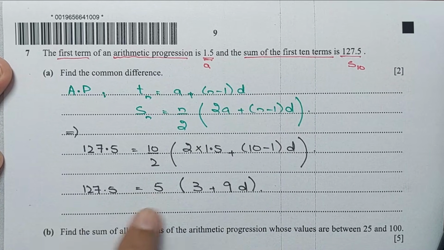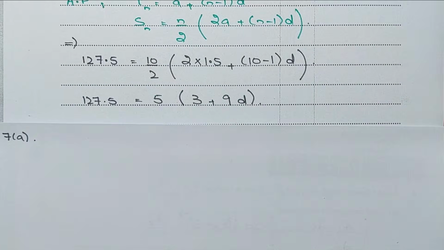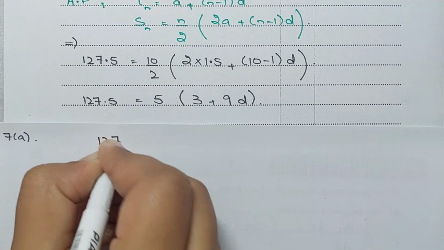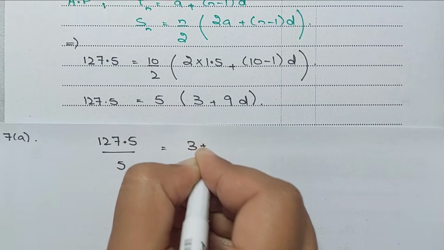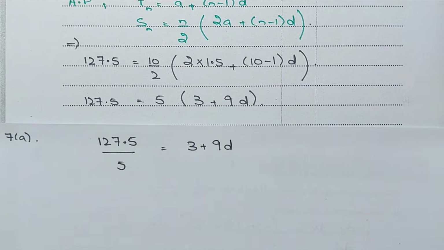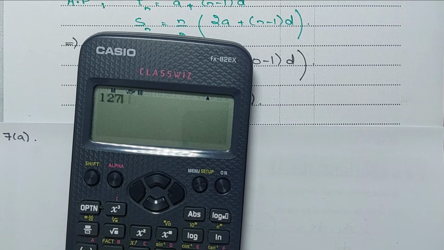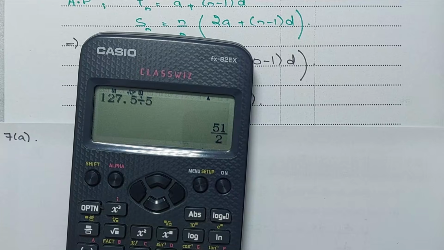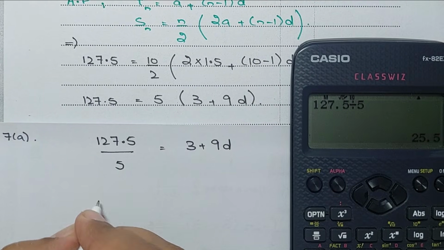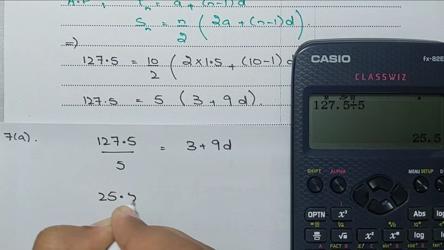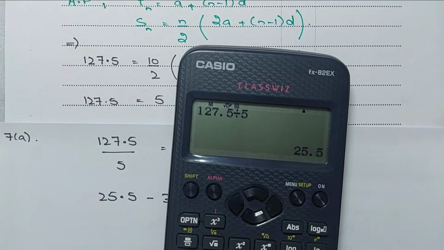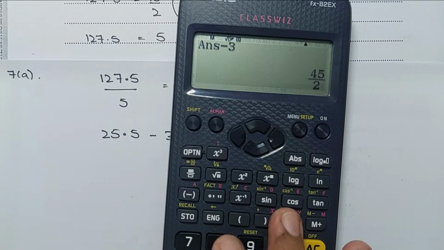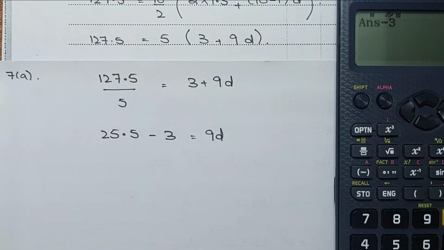Okay. So dividing both sides by 5, 127.5 divided by 5 equals 3 plus 9D. 127.5 divided by 5 is 25.5. Minus 3 would be 9D, so subtracting 3 gives 22.5.